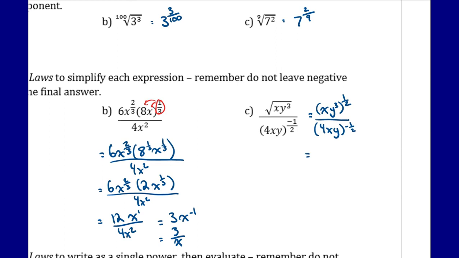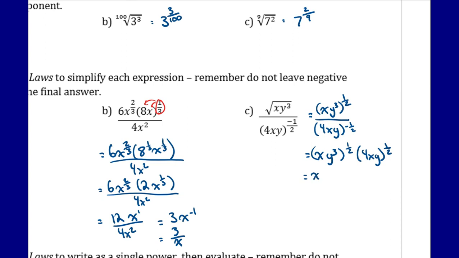In this case, normally we'd apply the negative exponent through and then worry about it. But I'm actually going to remove the negative first and bring the entire thing up. So I'm going to make that 4xy to the power of +1/2 now. It's a little bit easier when I work through it.